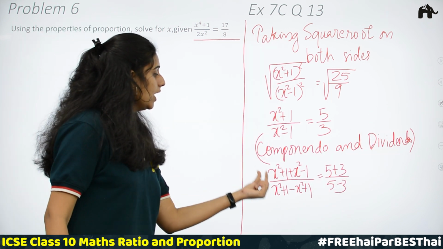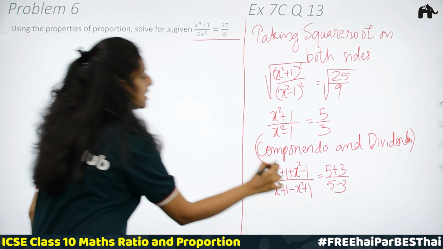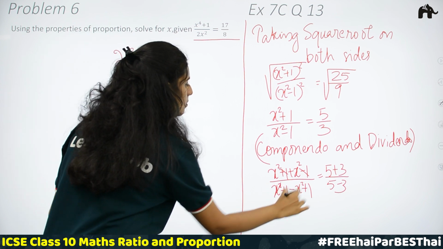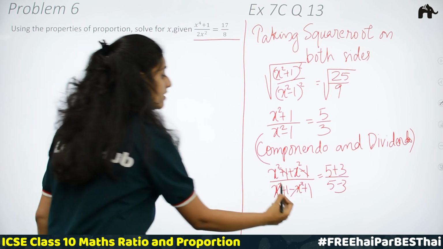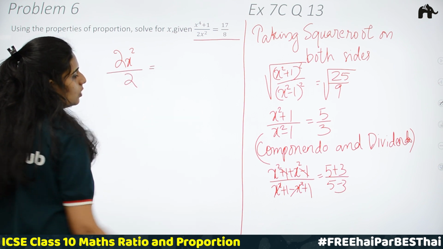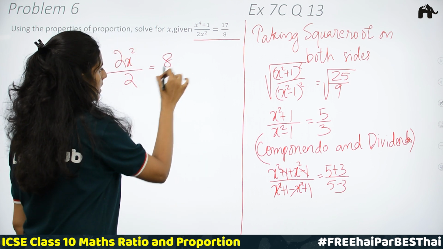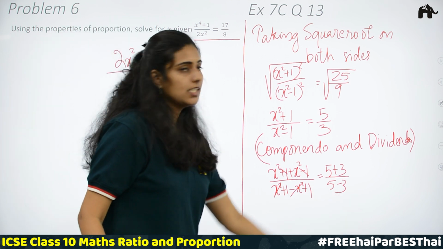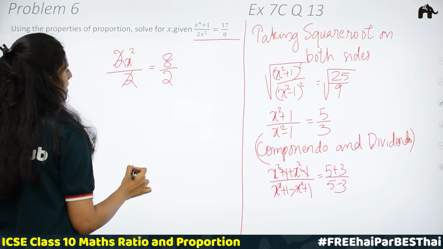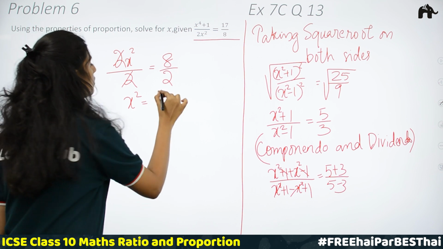Okay, here x square plus x square is 2x square, plus 1 and minus 1 can be cancelled. Denominator x square and minus x square can be cancelled. Then we have plus 1, that is 2, is equal to 5 plus 3 is 8 divided by 5 minus 3, 2. This 2 and this 2 gets cancelled. We have x square is equal to 8 by 2, which is 4.